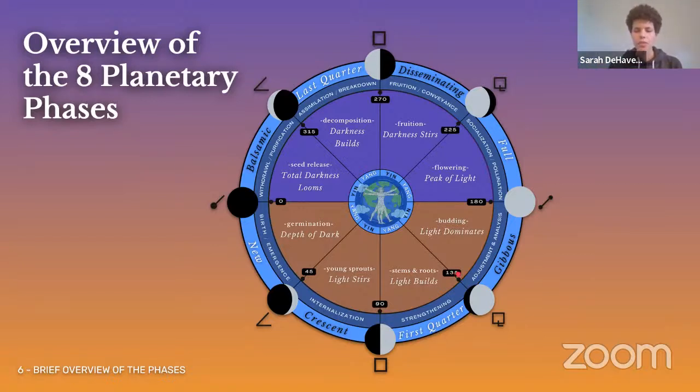All right, so from the first quarter phase, that strengthening phase moves into the gate of the sesquiquadrate. This sesquiquadrate has Leo energy, but the whole phase is kind of a Leo Virgo bent, the Gibbous phase. More Virgo, but there's a touch of Leo in there. This is the budding phase, the Gibbous phase.